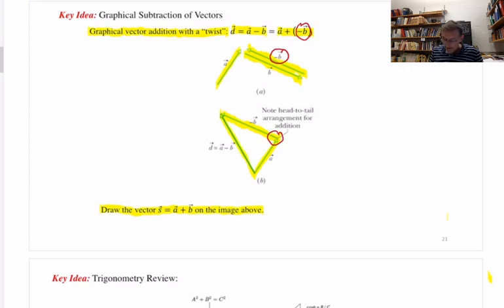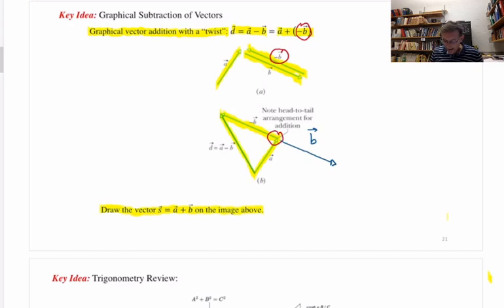Okay, well, there's A. B is just exactly the same length as negative B, but opposite direction. So the B, which we've actually already drawn, looks like that.